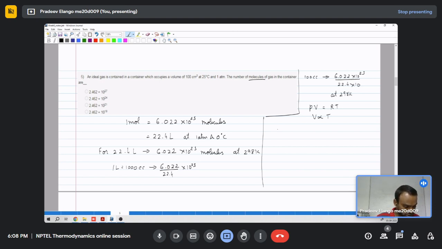Now based on this, for 100 cc, we want it at 25 degrees Celsius, so that is 298 Kelvin, and the other is 273 Kelvin.